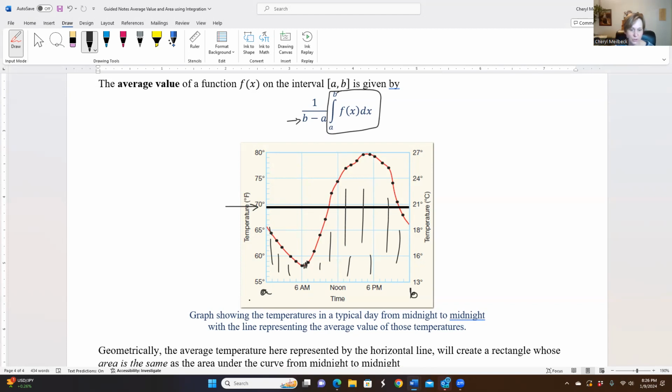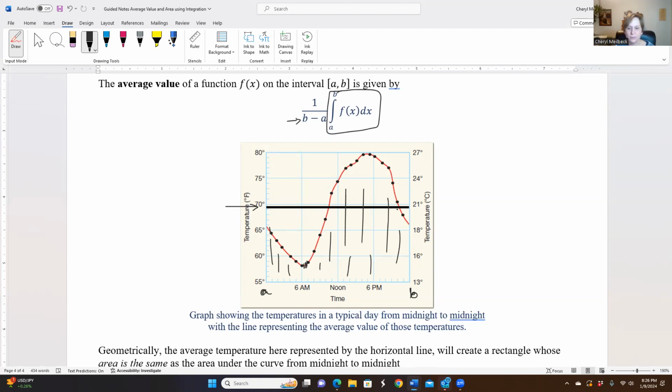This graph again shows the temperatures in a typical day from midnight to midnight, with the line representing the average value of those temperatures. Geometrically, the average value, or the average temperature, represented by the horizontal line, will create a rectangle whose area is the same as the area under the curve from midnight to midnight.